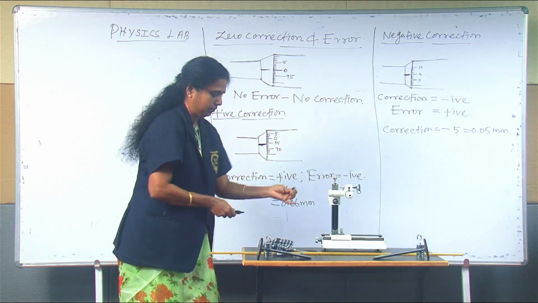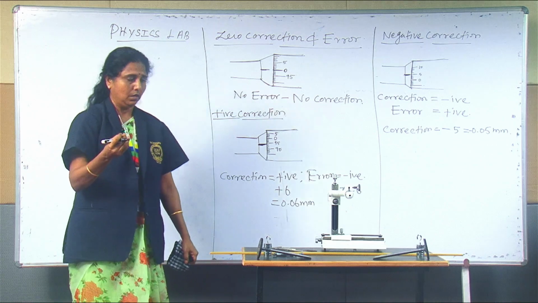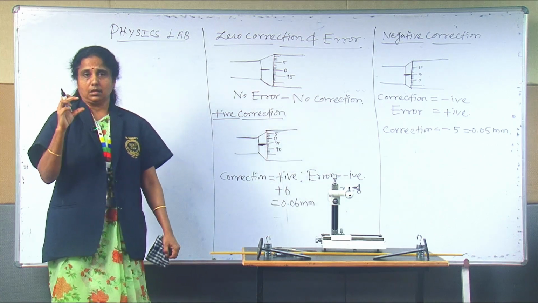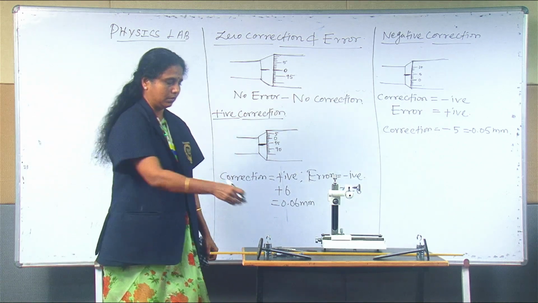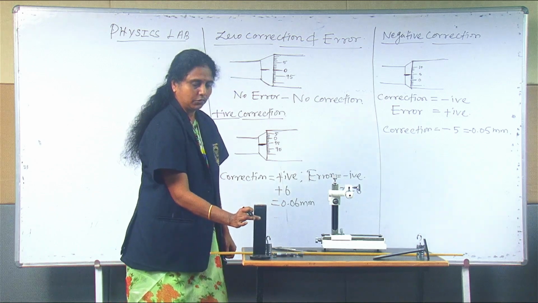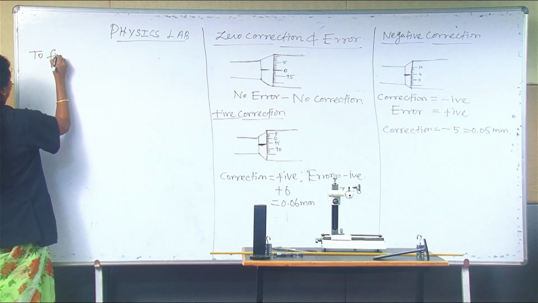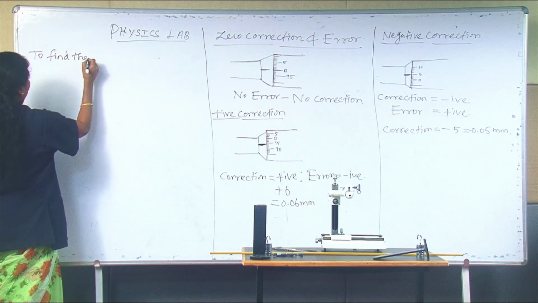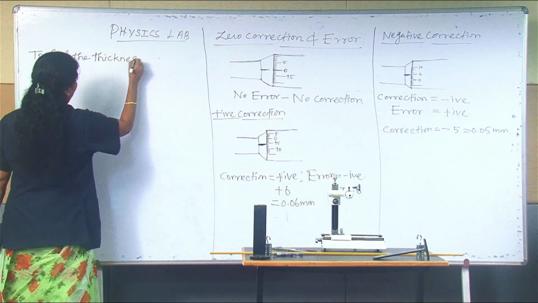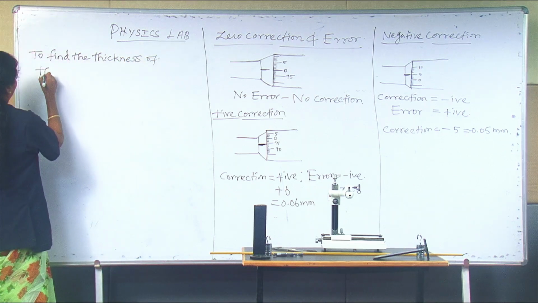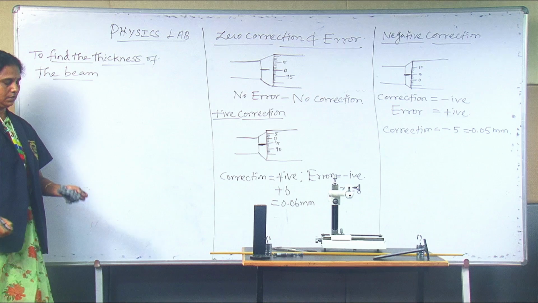I will draw the tabular column to find the thickness, or you can find the radius of the given wire, or the thickness of the scale or rubber or anything. I took the example as the scale.